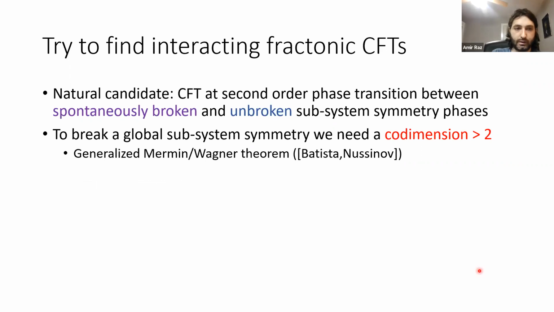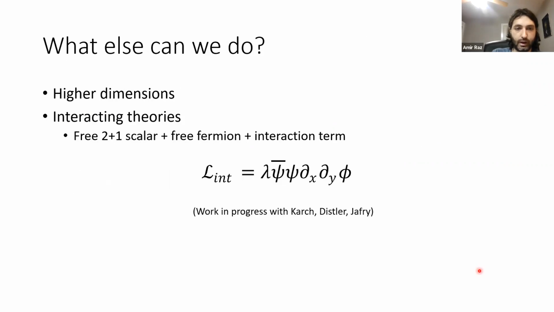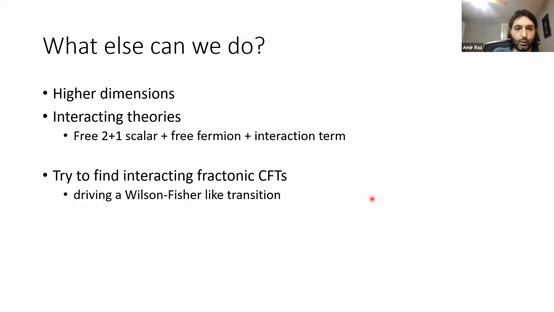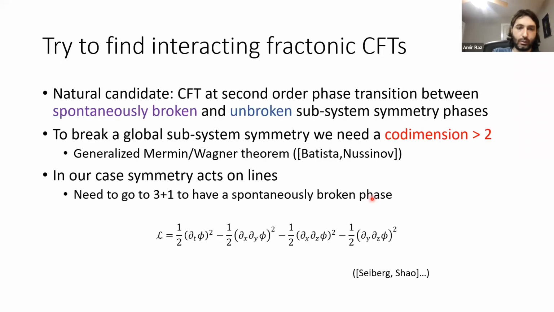Like one option is what I talked about before, some sort of coupling with dx dy phi. But maybe a more interesting way to do it would be to have a field that, for example, transforms by a phase under the symmetry.